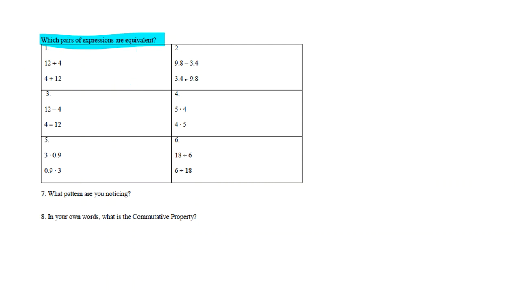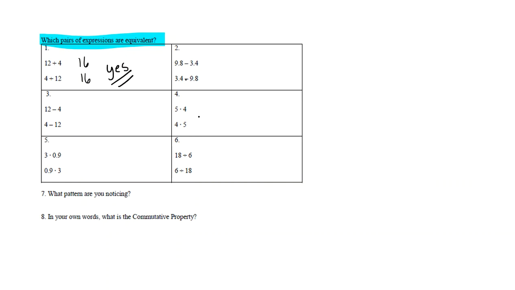So if we're answering which pairs of expressions are equivalent, 12 plus 4 and 4 plus 12, we know that 12 plus 4 is 16, 4 plus 12 is also 16. So we would say yes, these are equivalent. Even though the order was changed, the answer is the same in both of these cases.